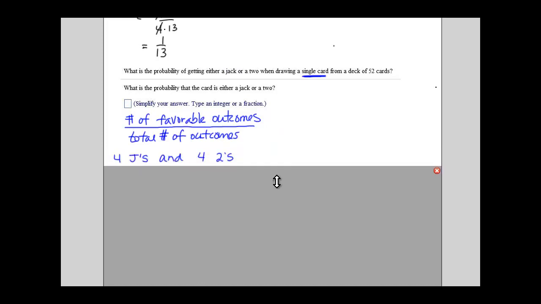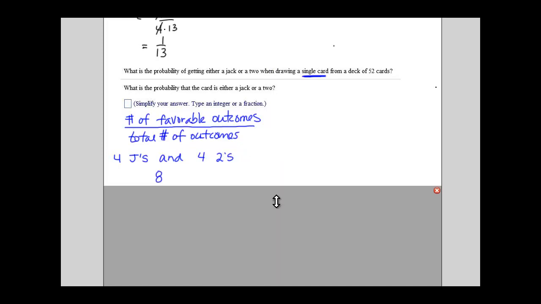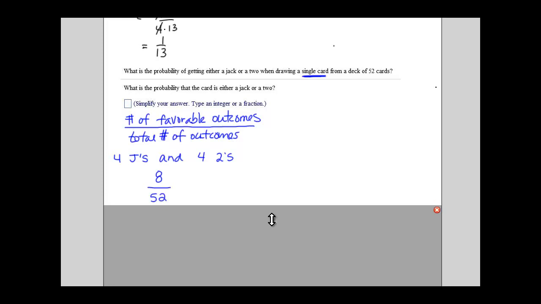There are 4 jacks. There would also be 4 2s. So the total number of favorable outcomes would be 4 plus 4, which is 8. We'll write that over the total number of outcomes, which is our deck of cards, so every card is considered an outcome when we draw a card. That would be out of 52.